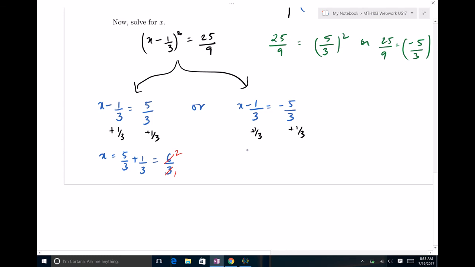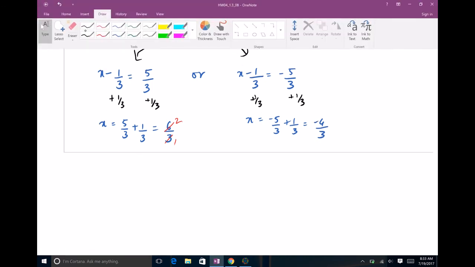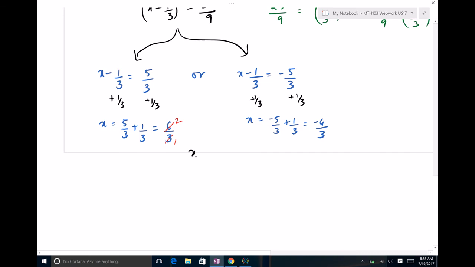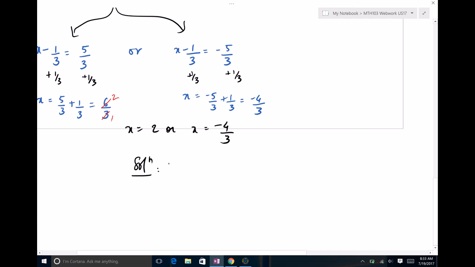Or I have x is negative 5 over 3 plus 1 over 3, which is negative 4 over 3. I can't simplify that. So I have two possible values: x equals 2 or x equals negative 4 over 3. And so my solution set is x equals 2 or x equals negative 4 over 3. And those are the answers.